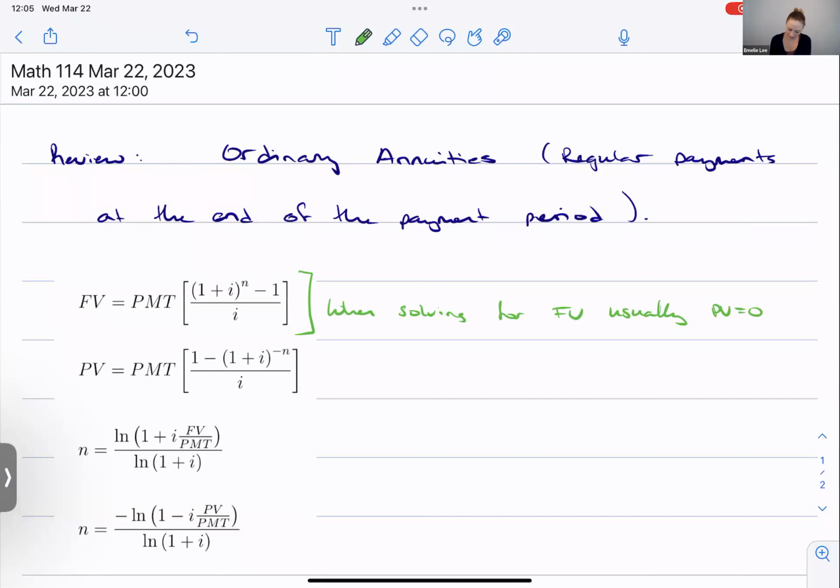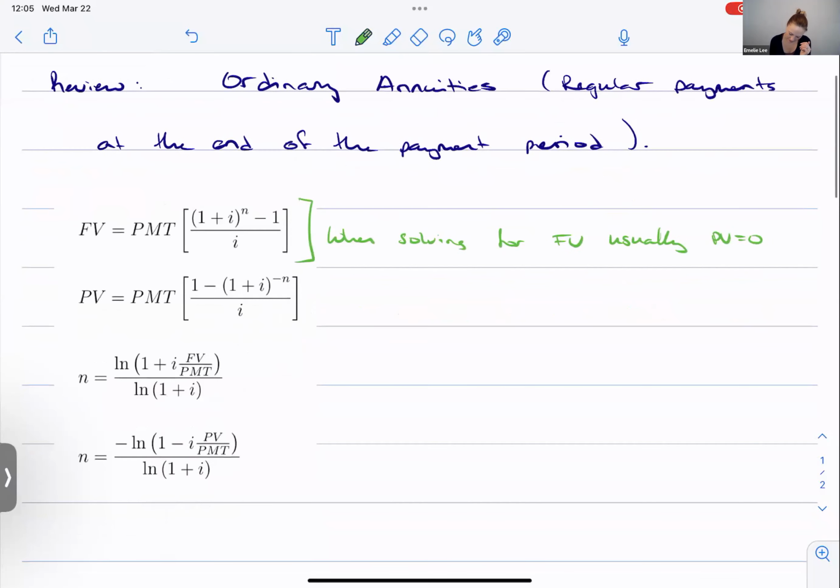And the same thing, if we are trying to figure out what lump sum I need, for example, to receive some payment amount for some number of payments, then usually at the end of that, I've run out of money, so the future value is 0. And when solving for PV, usually FV is 0.